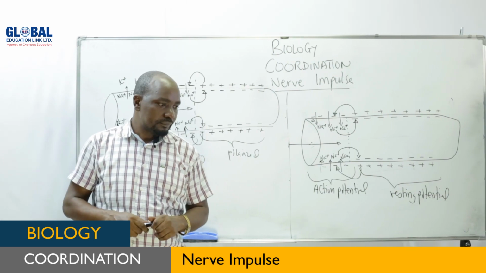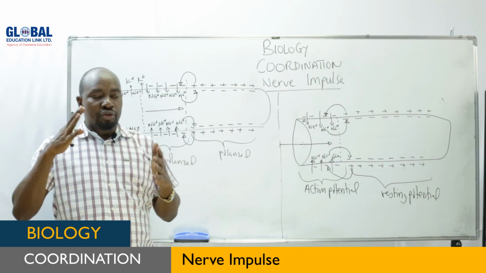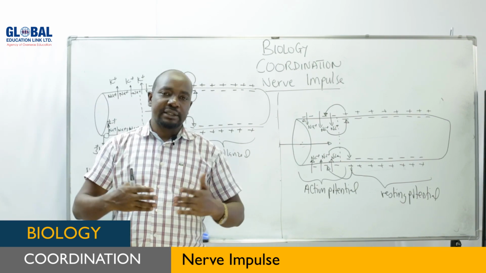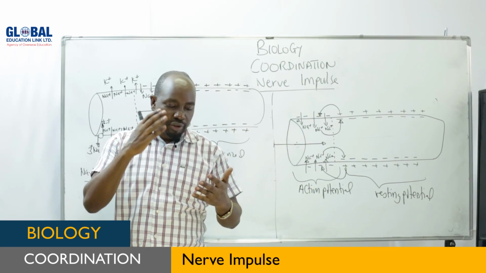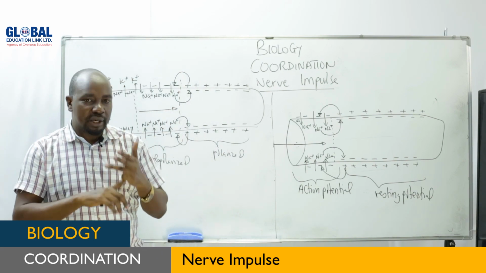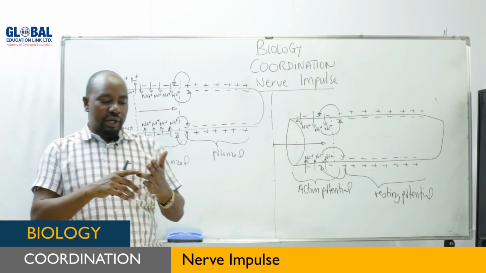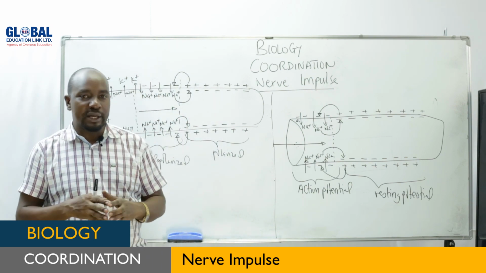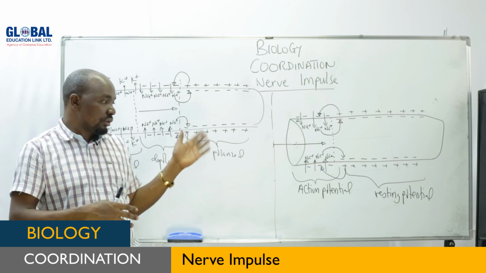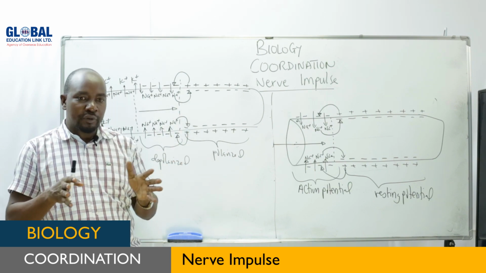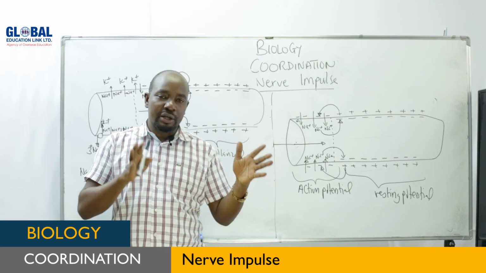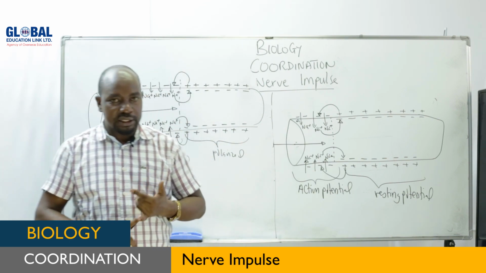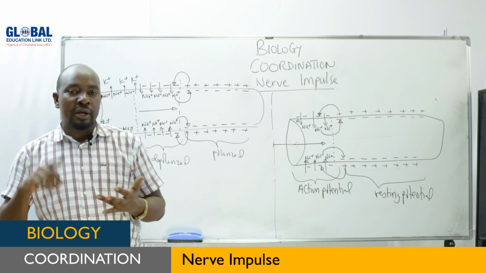Dear student, to explain this concept, you need to understand stage by stage. You need to understand the polarization, the depolarization, and the repolarization. What happens during this event? Polarization is when the membrane is at resting potential, with no conduction.